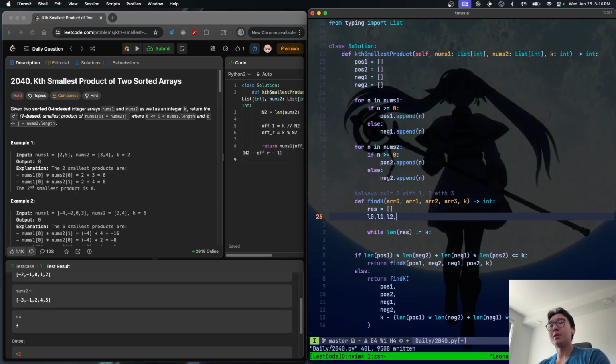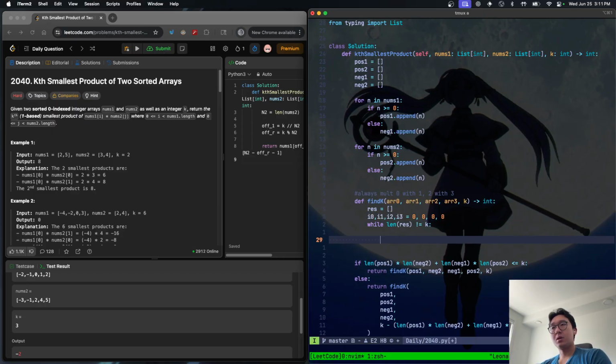Sorry, I can actually do I0, I1, I2, I3. And then you go to 0, right? 0, 0, 0, 0, 0. And then res is equal to this.